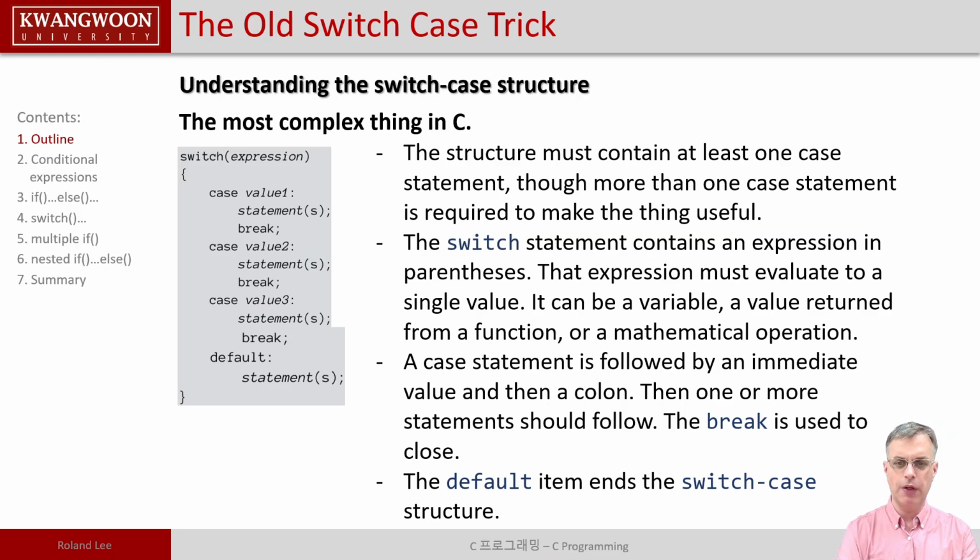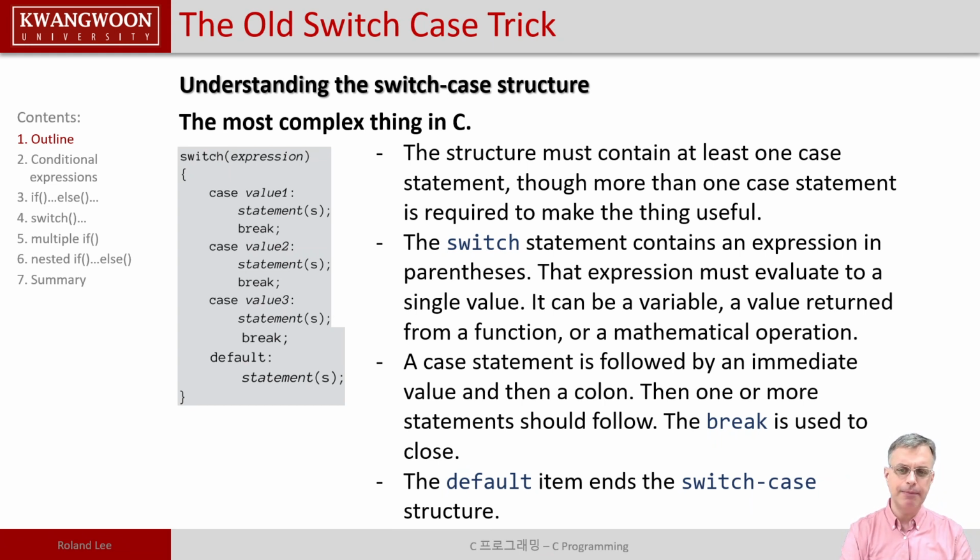The structure must contain at least one case statement, though more than one case statement is required to make it useful. The switch statement contains an expression in parentheses. The expression must evaluate to a single value. It can be a variable, a value returned from a function, or a mathematical operation.